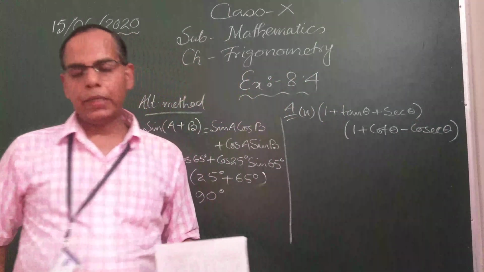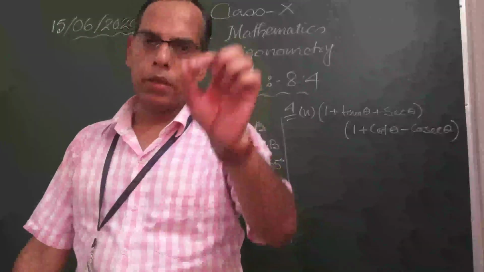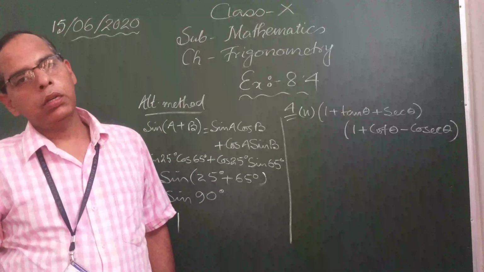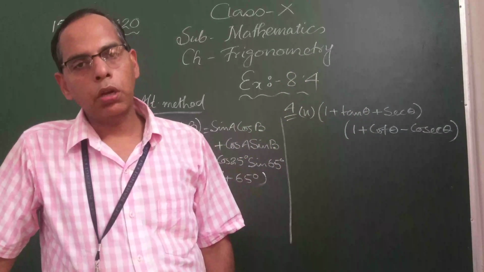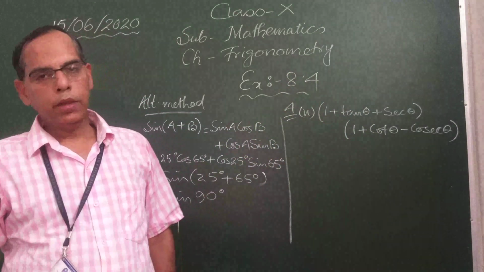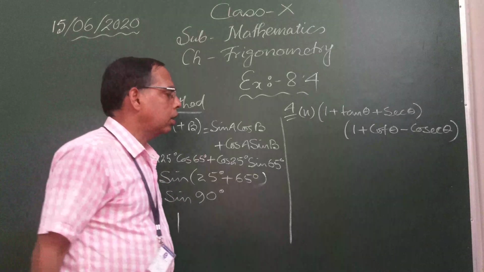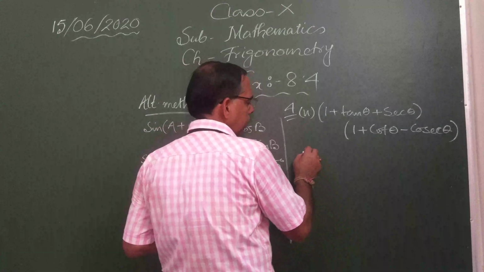Now, whenever you get this type of question, the simple thing is that you convert each and every term into the ratio of sine and cos. In the ratio of sine and cos, then it will be very, very easy. It will not be tough.